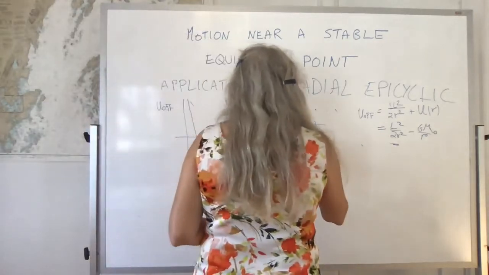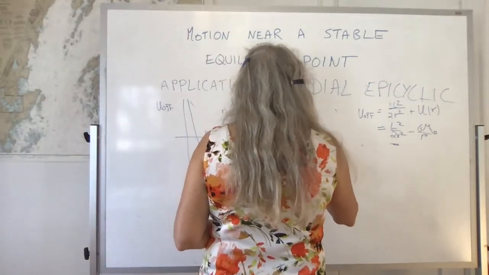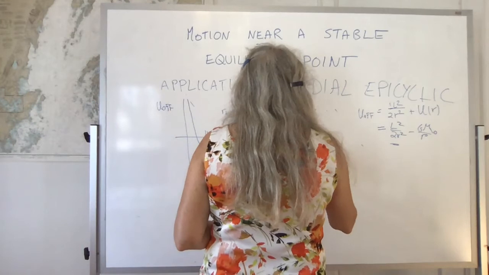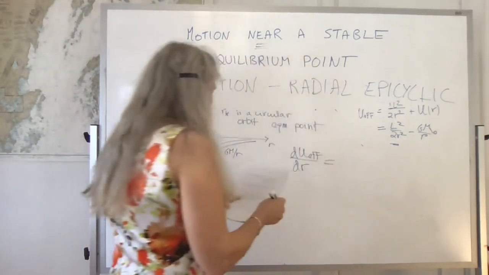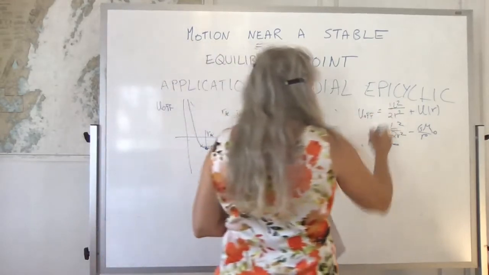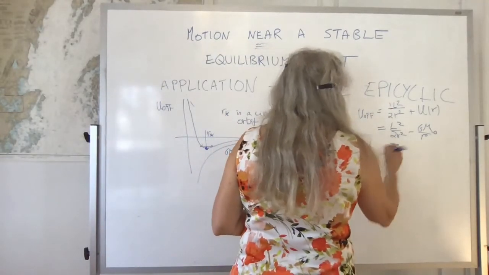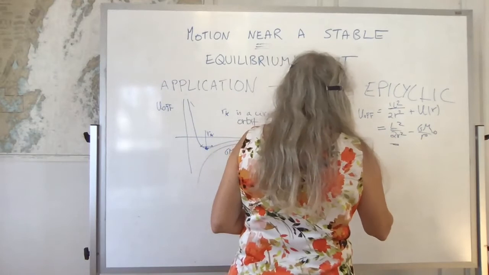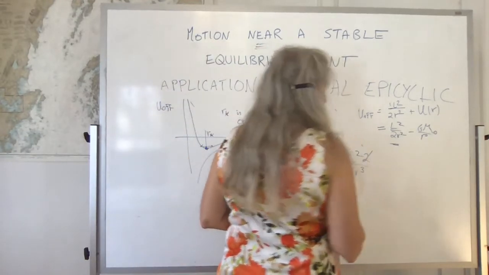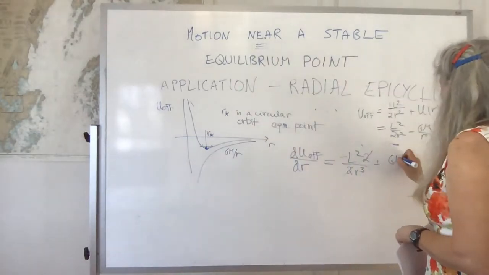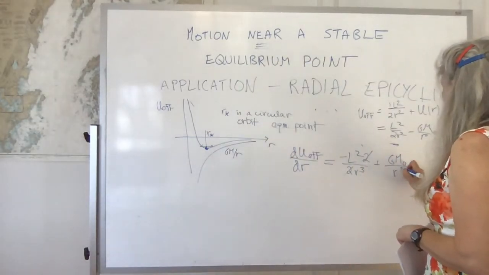So let's do that. So dU effective d r. I need to take the first derivative first. And that's minus L squared over r cubed, the 2 cancels out. And then I have plus GM over r squared.